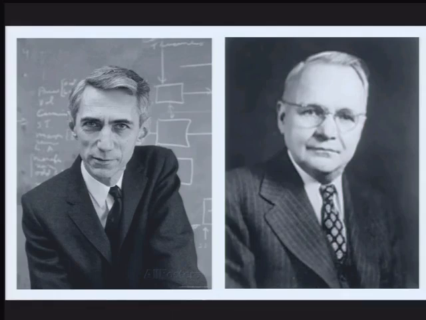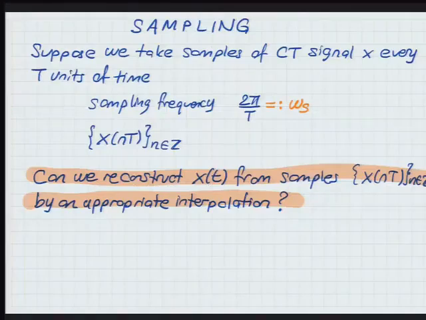Left? How many people think it's left? Okay, majority thinks Shannon is the guy on the left, and the majority is right. There's actually a movie coming up about him. I think it's previewed somewhere. So he studied information theory and many other things. Very, very intelligent guy.